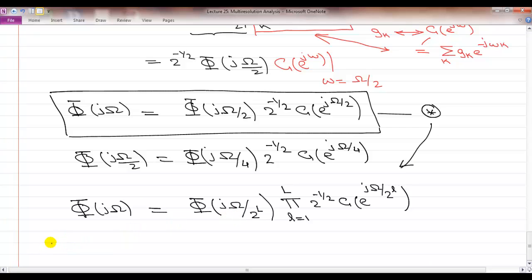Now, one thing we'll assume, from what we learned about the scaling function, is that phi of t corresponds to a low pass filter.